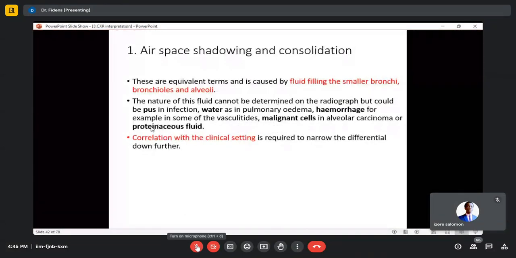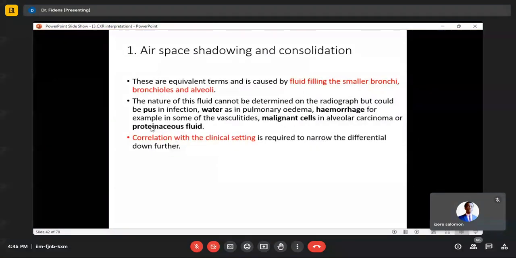Yes. And consolidation doesn't mean pneumonia. They are different, because consolidation can have different causes, like it can be pneumonia. Pneumonia is a consolidation. It can be post-traumatic lung contusion. Any collection in the lung is consolidation, but all consolidation is not pneumonia.